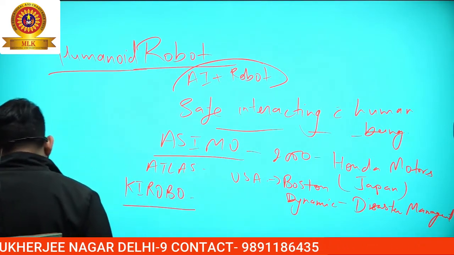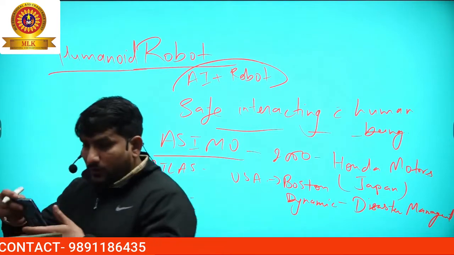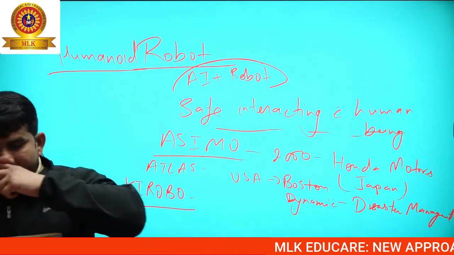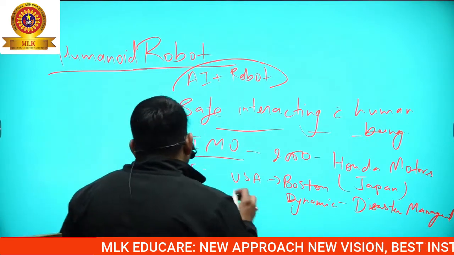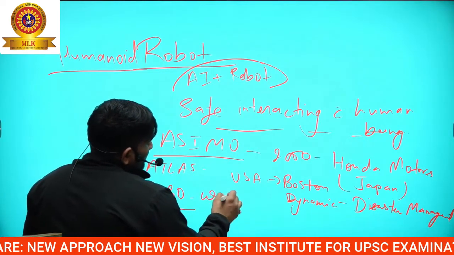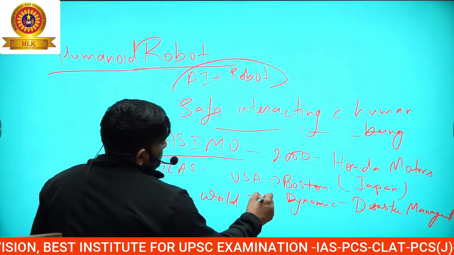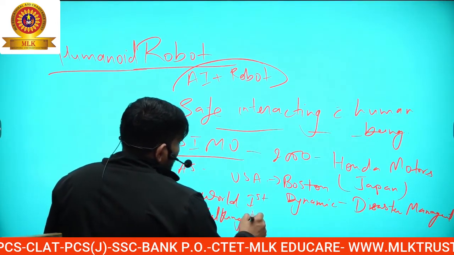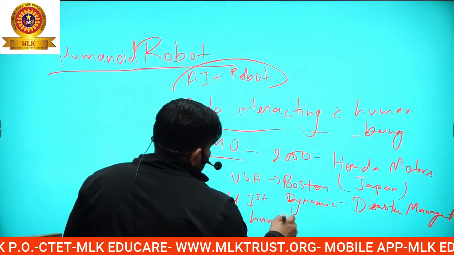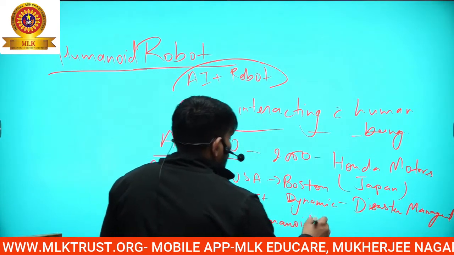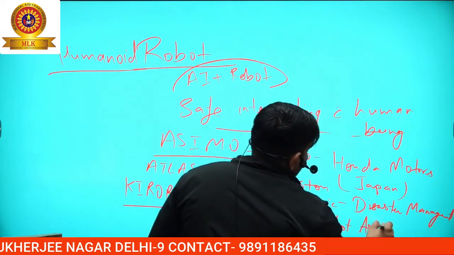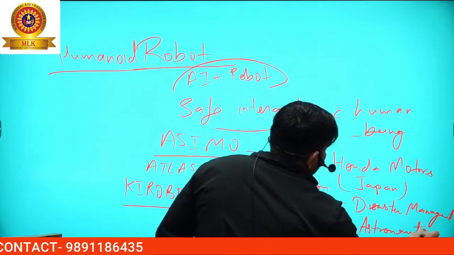Kirobo. This is the world's first talking humanoid robot astronaut, which Japan sent to the ISS in 2013. Okay, you can speak. This is the world's first talking humanoid robot astronaut.